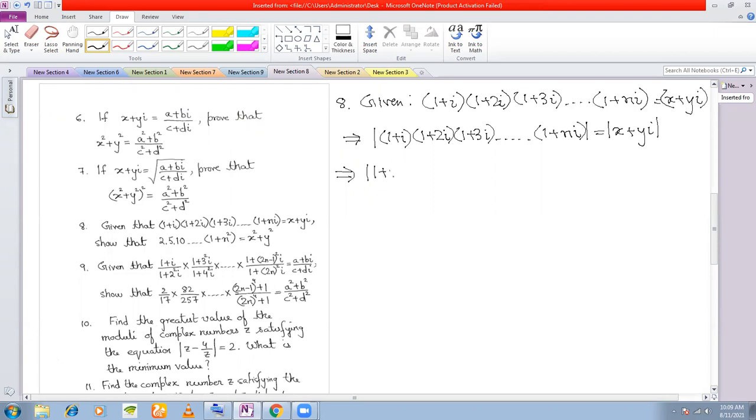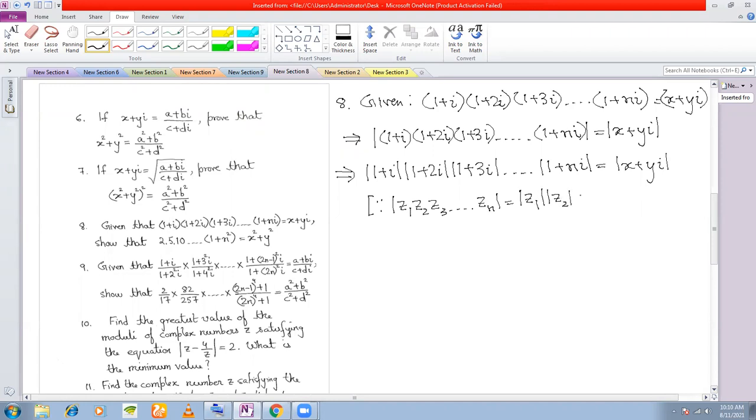That means mod of 1 plus i into mod of 1 plus 2i into mod of 1 plus 3i, and so on till mod of 1 plus ni is equal to mod of x plus yi. Why? Because you know that the modulus of the product is equal to the product of the moduli, right? This is the property that we have used.